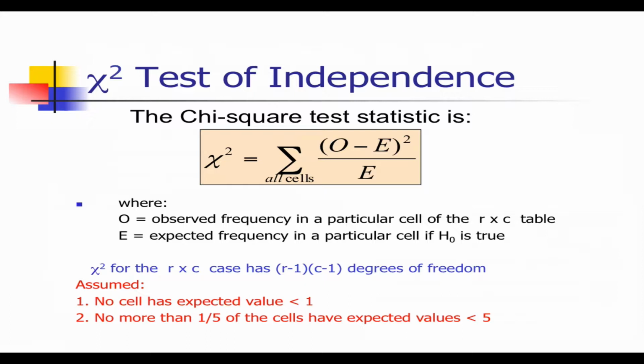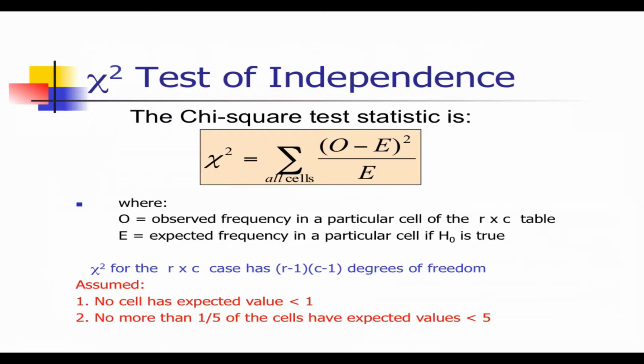There is one big assumption for the chi-square test, and that check is really to see that it cannot be used for too small counts. If you have any cell with an expected frequency less than 1, or if you have more than 1/5, or 20%, of your cells with expected values less than 5, the chi-square test is typically not applicable.